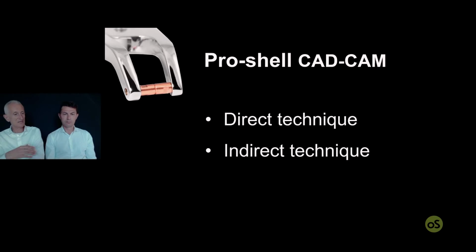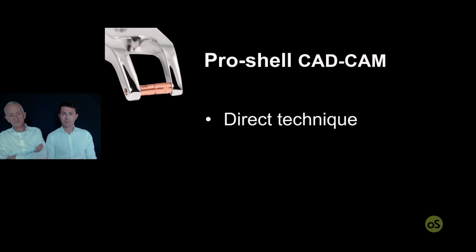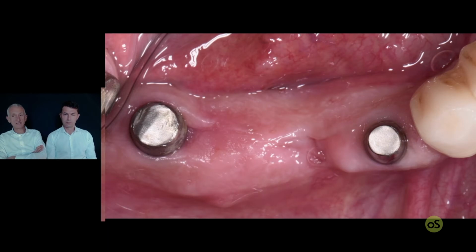Now let's start to see how we make this shell with the technique direct or indirect. A direct shell means that, okay, I place the implant, then I place the econometric cap without the stem, and as we have no impression scanning post, we have to scan the cap.